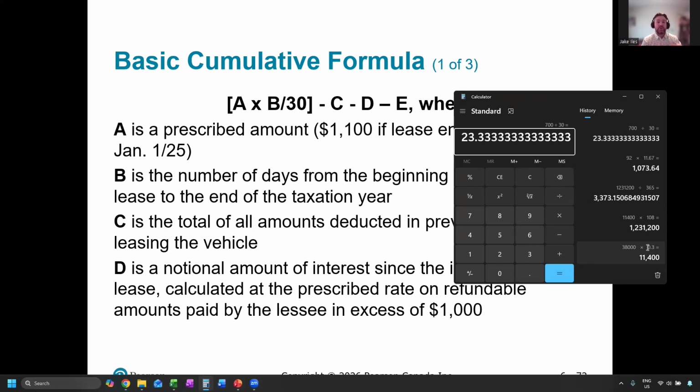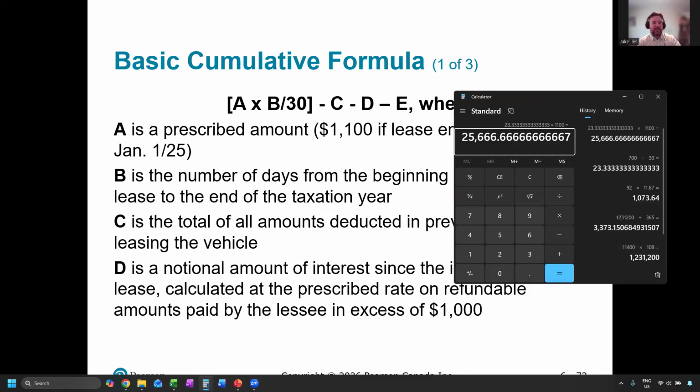So we say, okay, so 23 months have passed times $1,100. You should have paid just over 25,666. So we might have paid that amount weekly or biweekly or once every other month. Whatever our actual lease payment schedule is, doesn't matter.